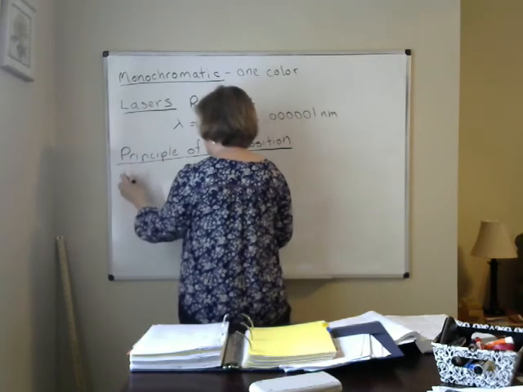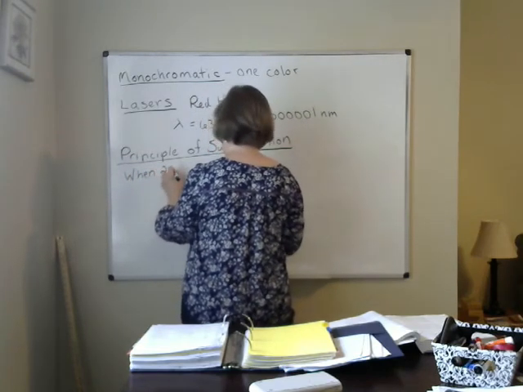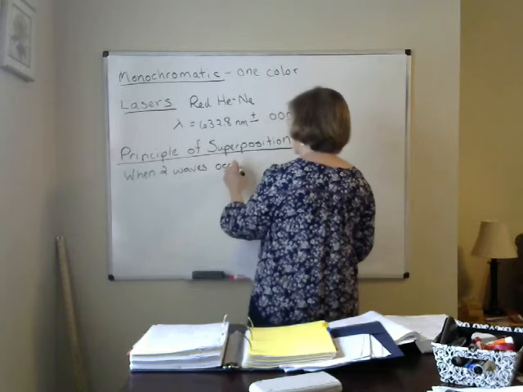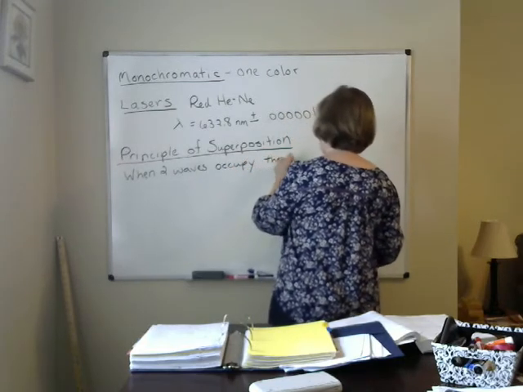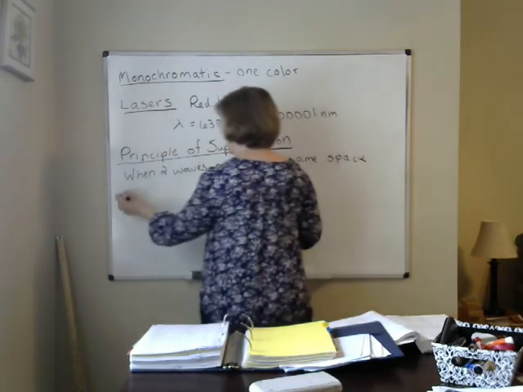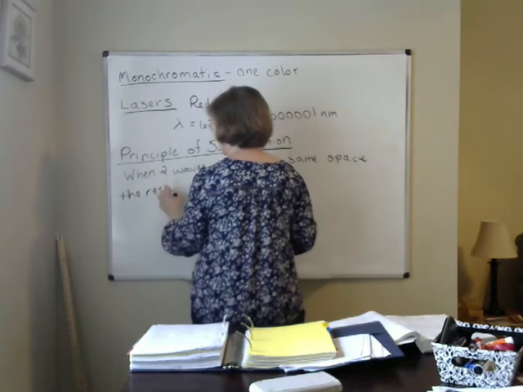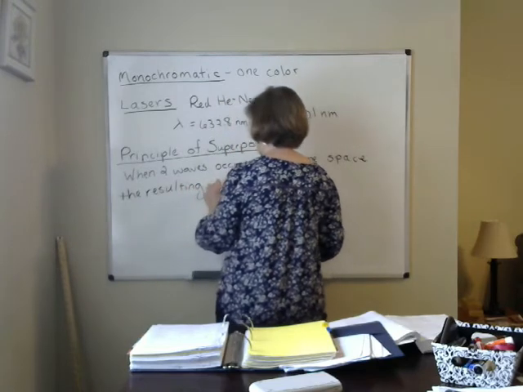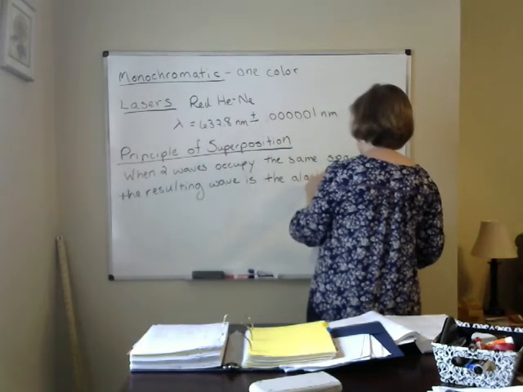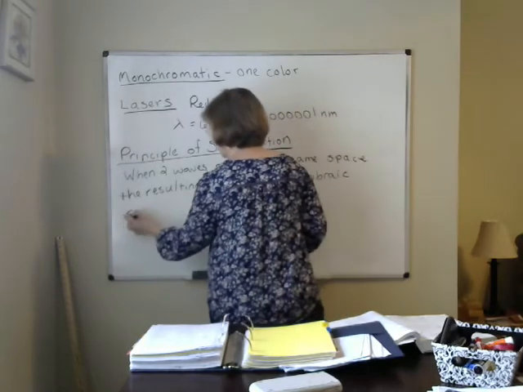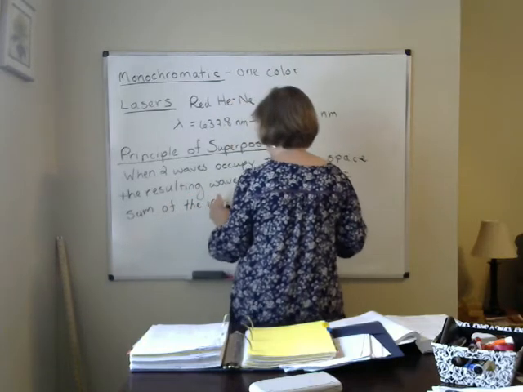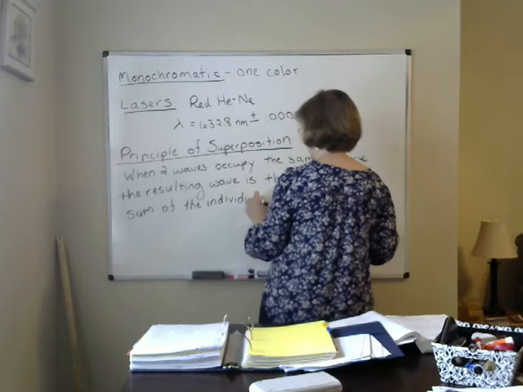That basically says that when two waves, and it doesn't have to be two, it can be two or more waves, occupy the same space, the resulting wave is the algebraic sum of the individual waves.